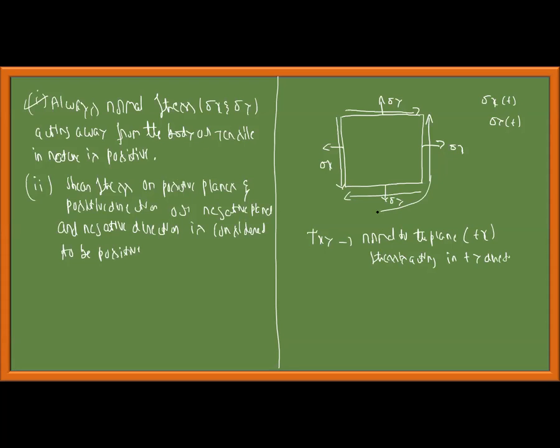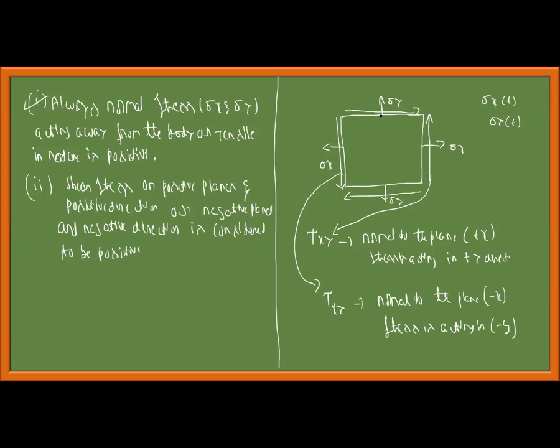This is this condition. When I come to here, normal to the plane, tau xy, is in negative x direction, and stress is acting in negative y direction. This is also positive. Okay.